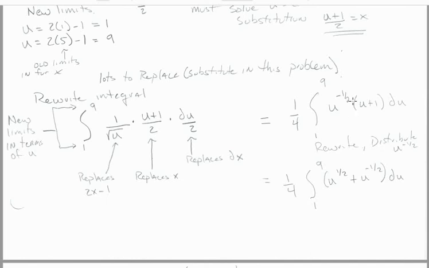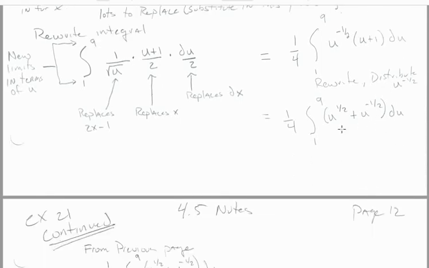So negative 1 over 2 plus 2 over 2 gives us a positive 1 over 2. That's where the u to the positive 1/2 comes from. And u to the negative 1/2 times 1 is where the u to the minus 1/2 comes from.